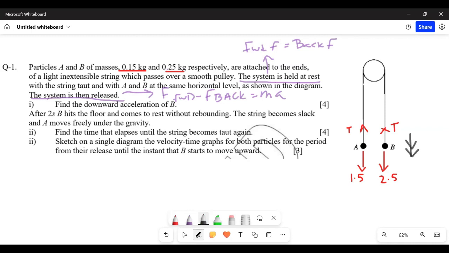So the formula is going to be forward force minus backward force is equal to ma. B is going downwards, so the forward force is going to be 2.5 newtons, minus the backward force T, is equal to mass, which is 0.25, times acceleration, which is what we have to find.